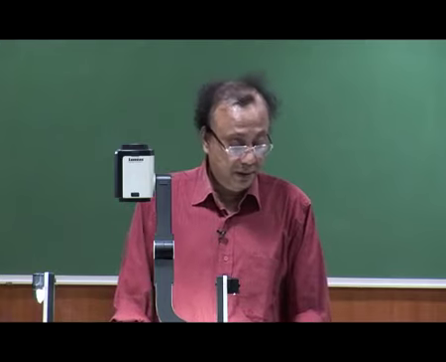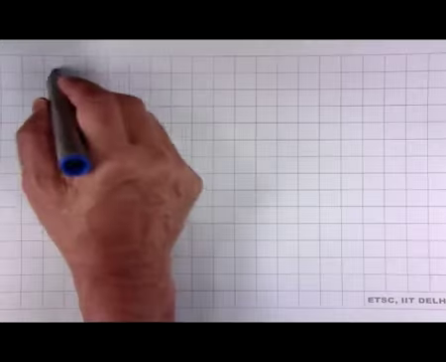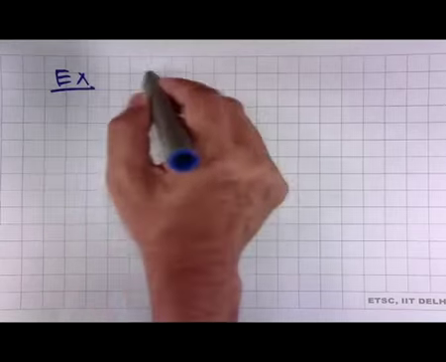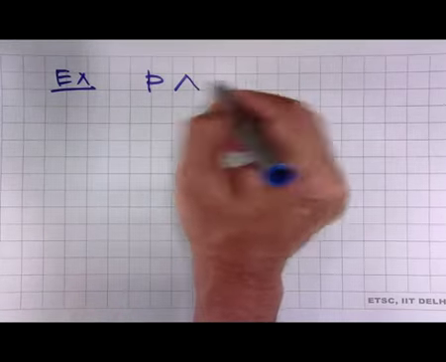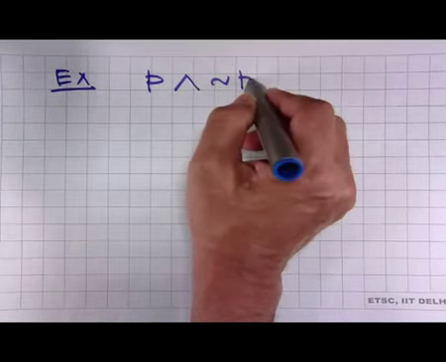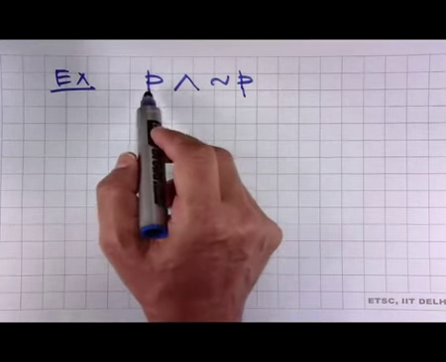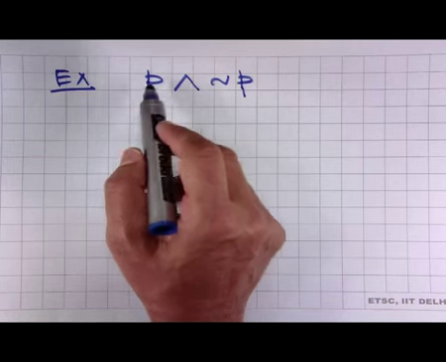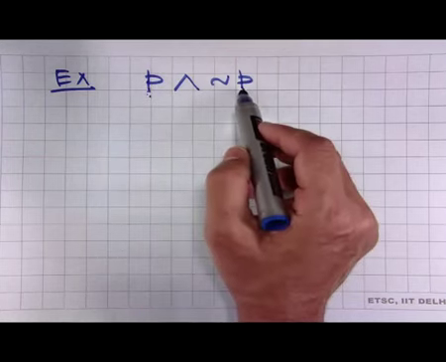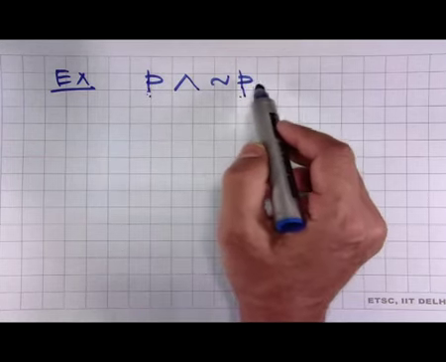For example, P and not P. P is a statement which may be true, which may be false. Not P, which may be true, which may be false.